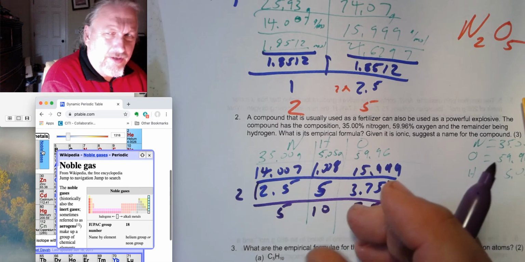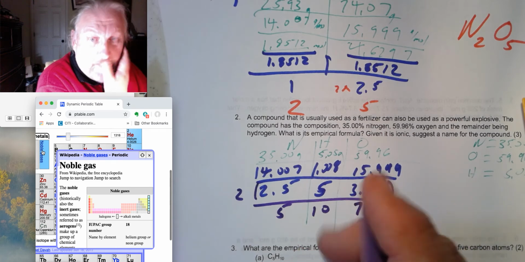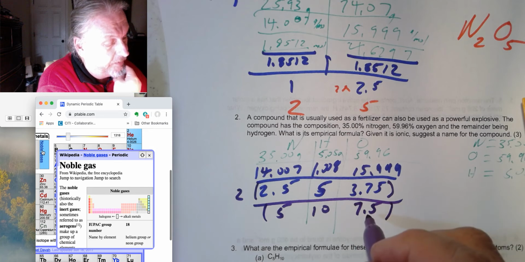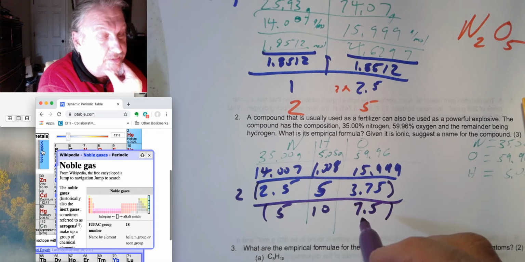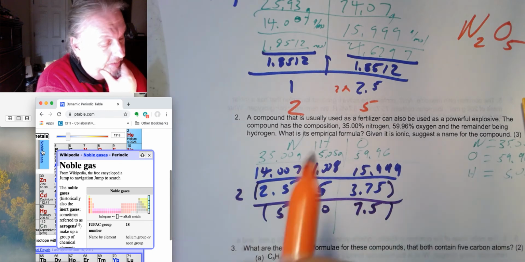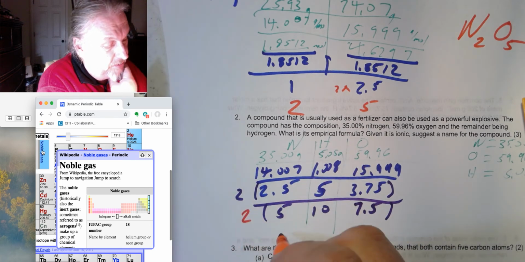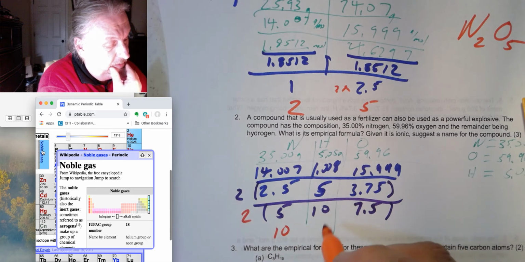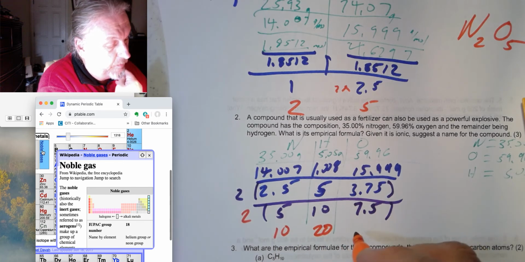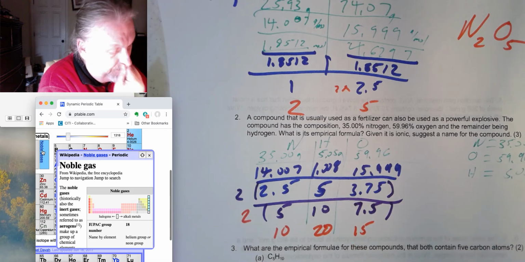What I was trying to do was get something where all I have to do is multiply by 2 again, and that's going to give me a whole number. Because if I multiply 7.5 times 2, that gives me 15. So let's multiply that by 2 again. 2 times 5 is 10. 2 times 10 is 20. And 2 times 7.5 is 15.